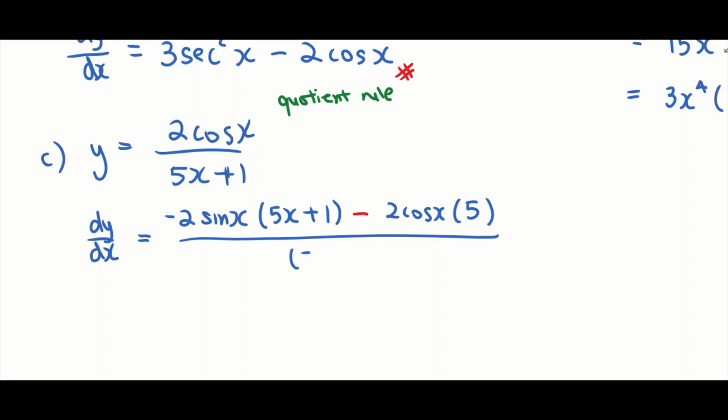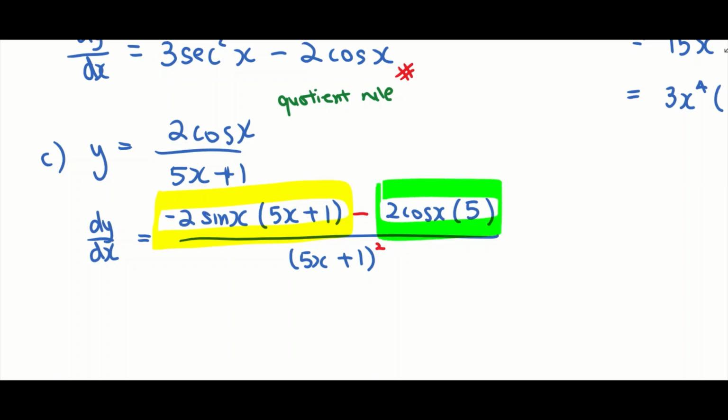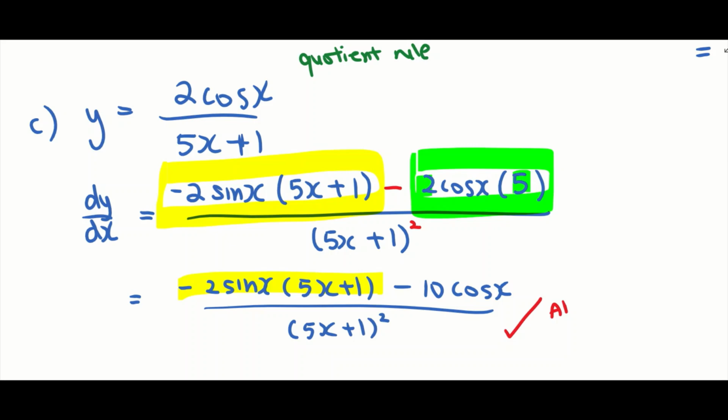Over bottom square. So this is quotient rule. And I must make a further move. I must simplify everything. For the first one, you don't need to simplify if you don't want. But you really need to simplify the second, because I can have a number times another number. 2 times 5, I can get 10. We are very cool with this, okay? Let's just leave it like this.